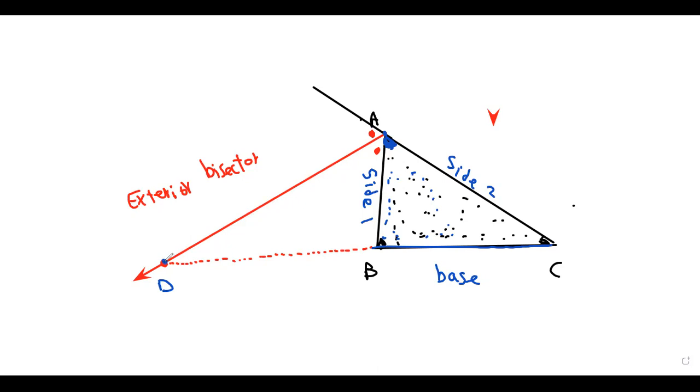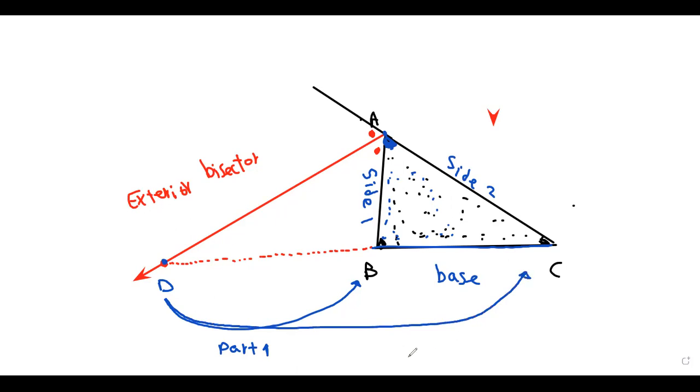In this case, because this is an exterior bisector, it divides the base externally. So we can say that DB, the first part, part 1, over DC, part 2.